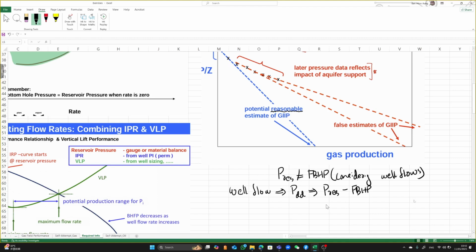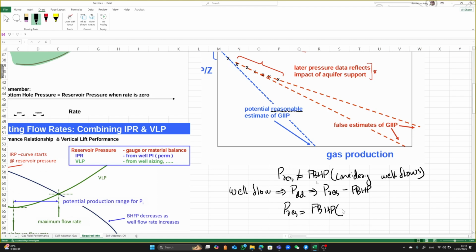So we get a drawdown value, and the bigger the drawdown value, the bigger the production rate. So the reservoir pressure is not equal to the flowing bottom hole pressure. We get it. But there is a condition where the reservoir pressure is equal to the flowing bottom hole pressure. When is that?